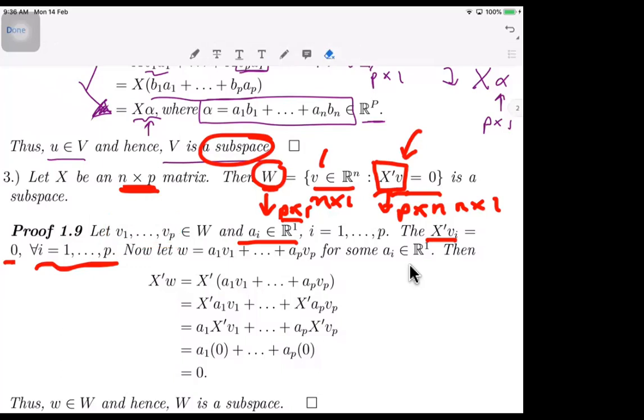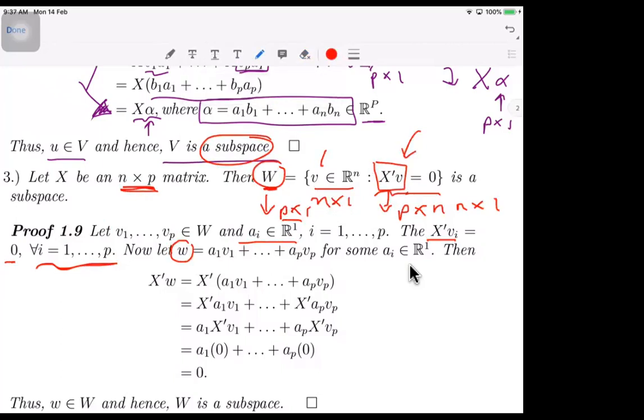So once you identify the form of your vector, you define a new vector W, which is a linear combination of your V_i. Remember, V_i is in the W here, for some scalars a_i, which are in R1.